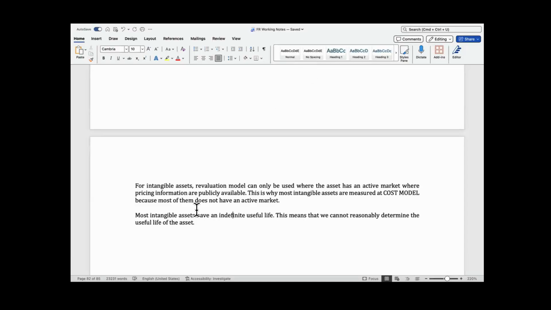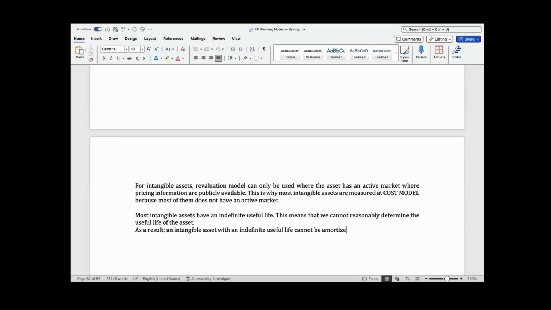So as a result, an intangible asset with an indefinite useful life cannot be amortized.